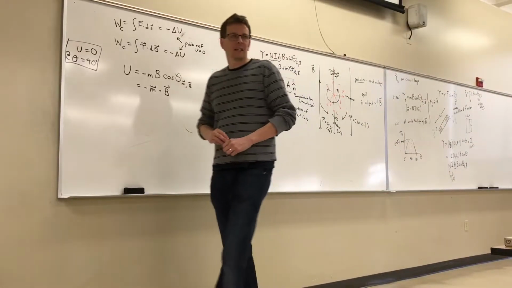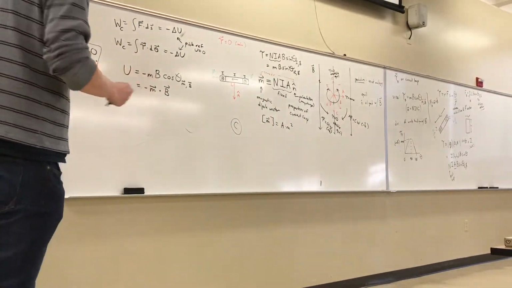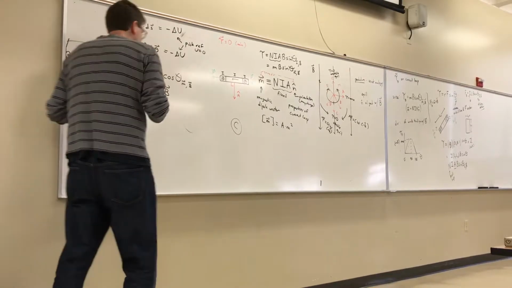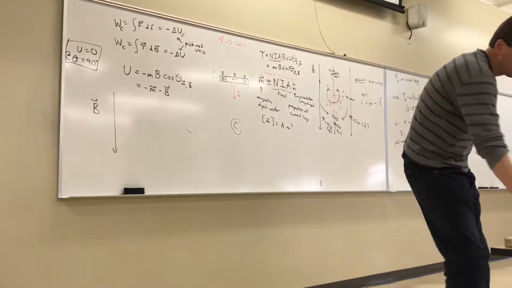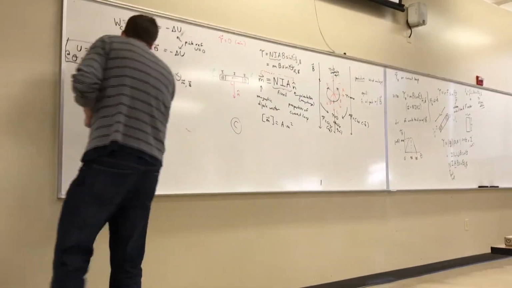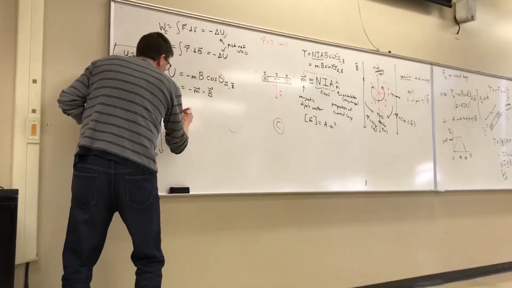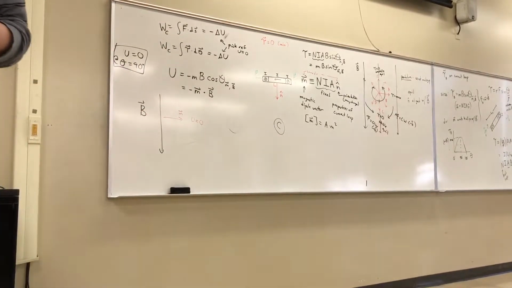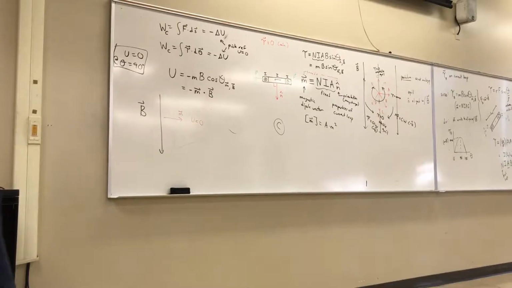So, let's take a look at what this equation tells us. If we have a magnetic field like this, if your dipole points like this, the potential energy, ironically, is 0. That is neither the lowest nor the highest potential energy.